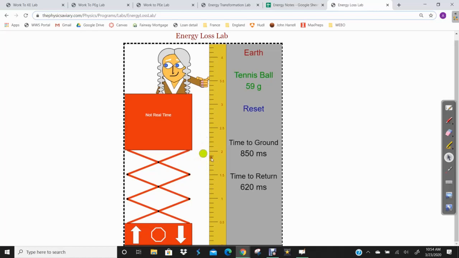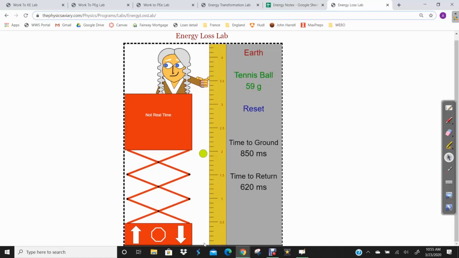Well, why is that? Most people say that energy is lost, but that's not really the right term. It's more that energy was transferred out of the system that we are talking about. So in this case, the ball hits the ground and you hear a thud. Well, that thud is thermal energy that's being released. Some of the kinetic energy from the ball, when it hits the ground, is transferred into elastic energy as the ball compresses.